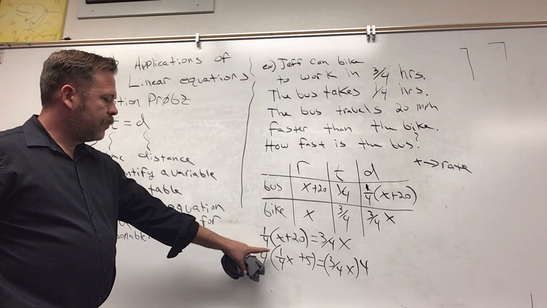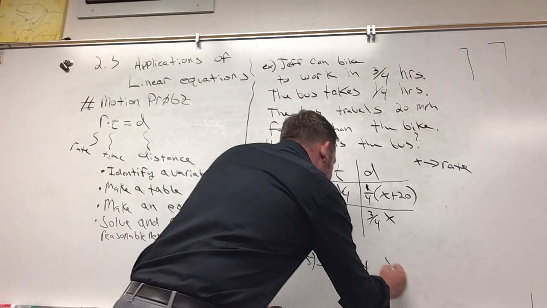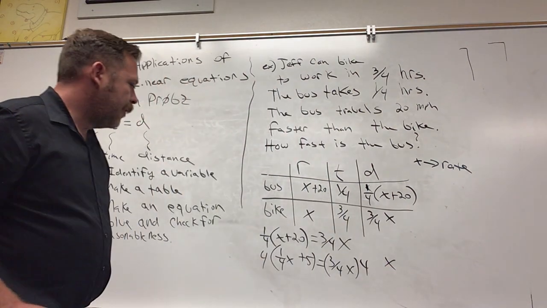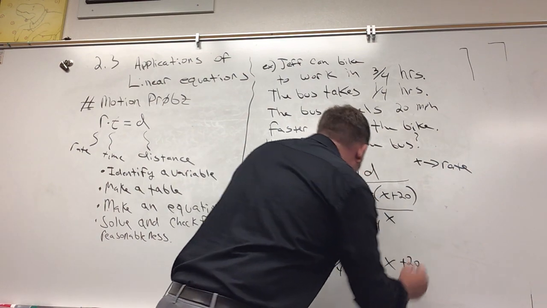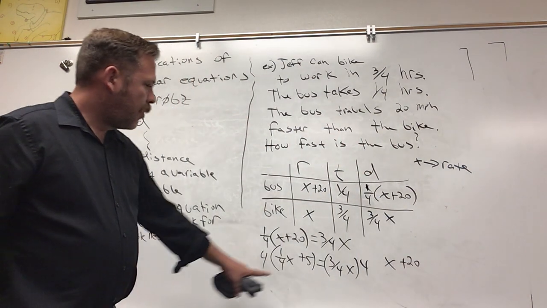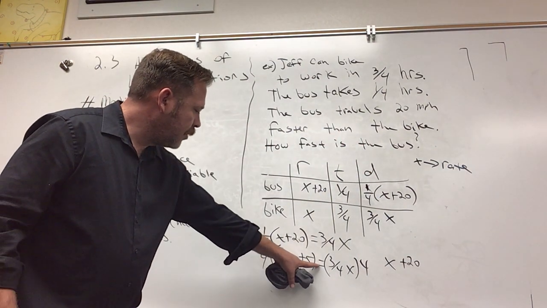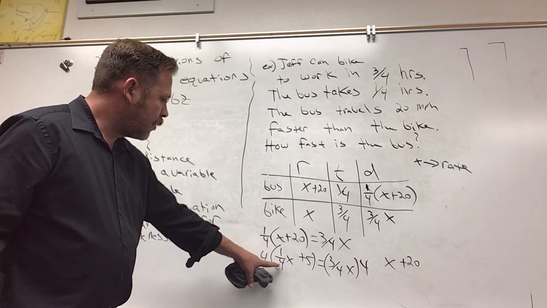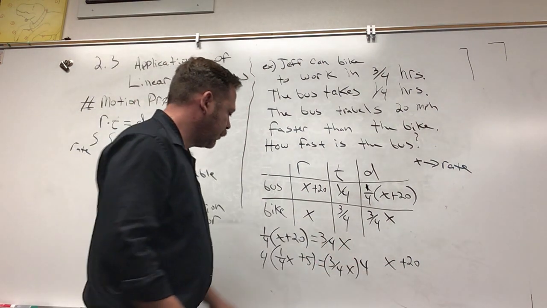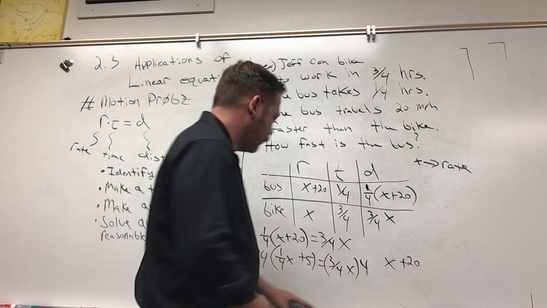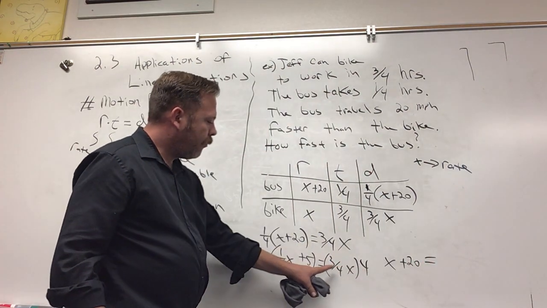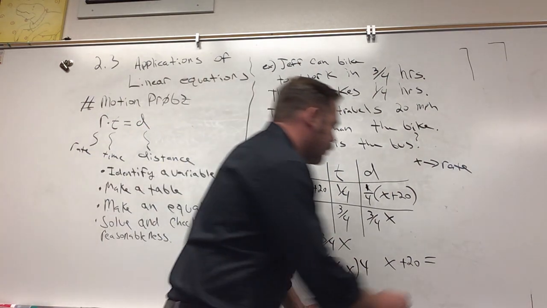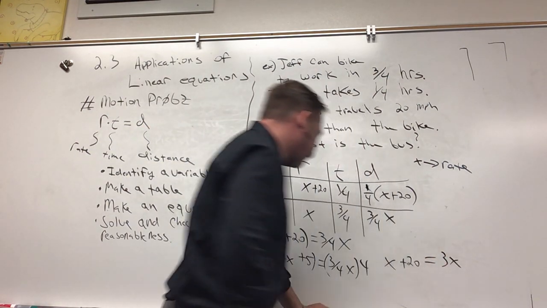So 4 times 1/4 x is x, and then 4 times 5 is plus 20, equals 4 times 3/4 x, which is just going to be 3x.